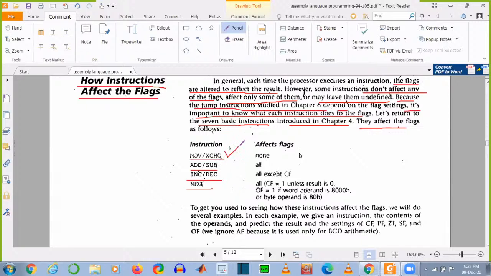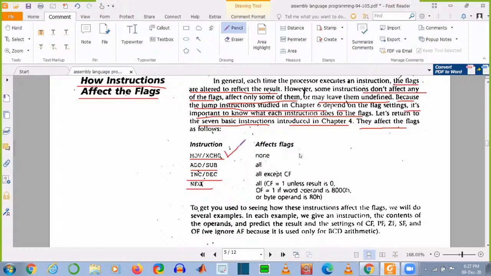And you see, the move and exchange instructions do not affect any of the flags. There are 6 status flags: carry flag, parity flag, auxiliary carry flag, sign flag, zero flag, and overflow flag. And none of those flags are affected by the move and exchange instructions.